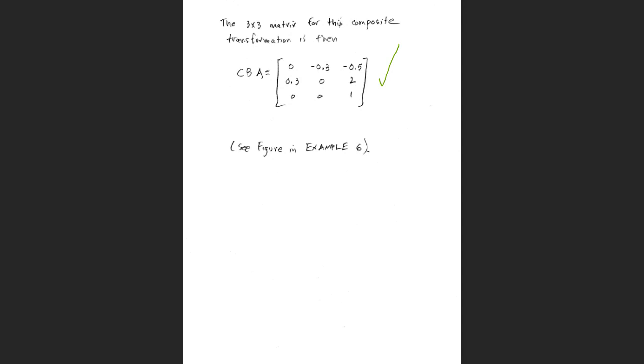So if you had a two-dimensional figure or character, like a cartoon character or a video game character, and you represented that character with a bunch of data points, this transformation on those data points would cause the character to shrink by 70%, turn counterclockwise 90 degrees about the origin, and then shift half a unit to the left and 2 units upward.